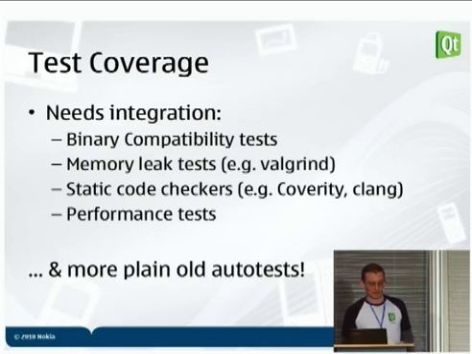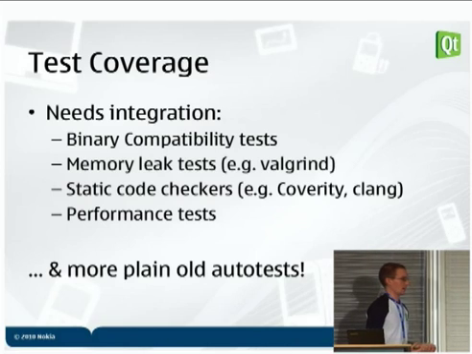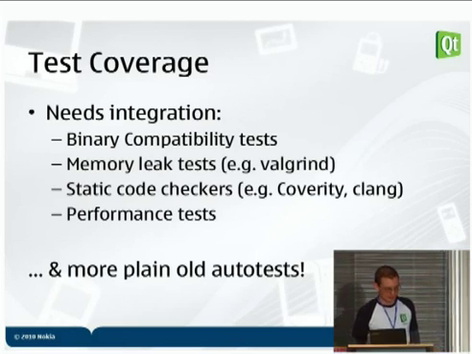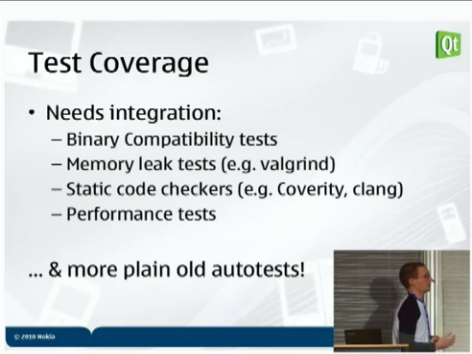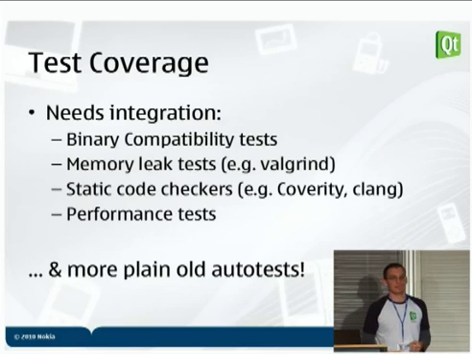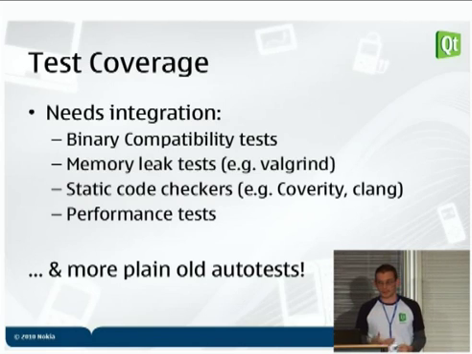There's all kinds of static code checkers. There are commercial tools like Coverity, and then there are open source tools as well. There has been some work done already investigating integrating those into our system. And performance tests, this is a big one. Performance tests are not that difficult to run, but they are difficult to assess the results.